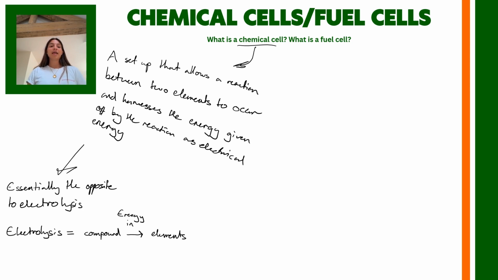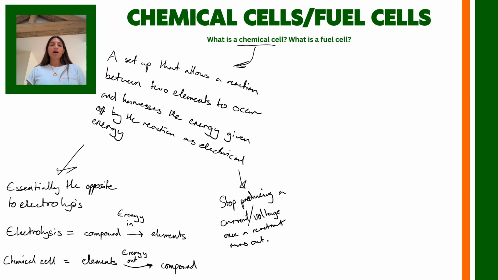We put energy in, and then we get out the two different elements. But for a chemical cell, you have the elements and you get energy out by them forming to make these compounds. You could stop producing a current or a voltage on this chemical cell once the reactants run out.